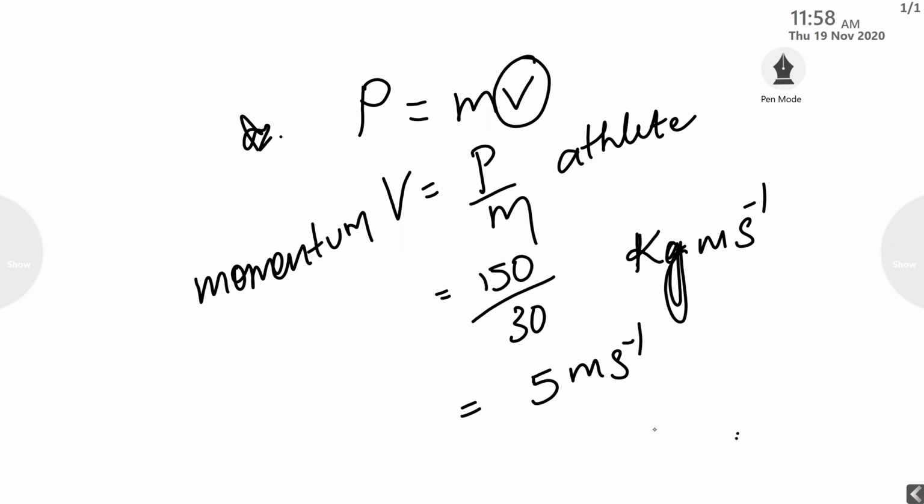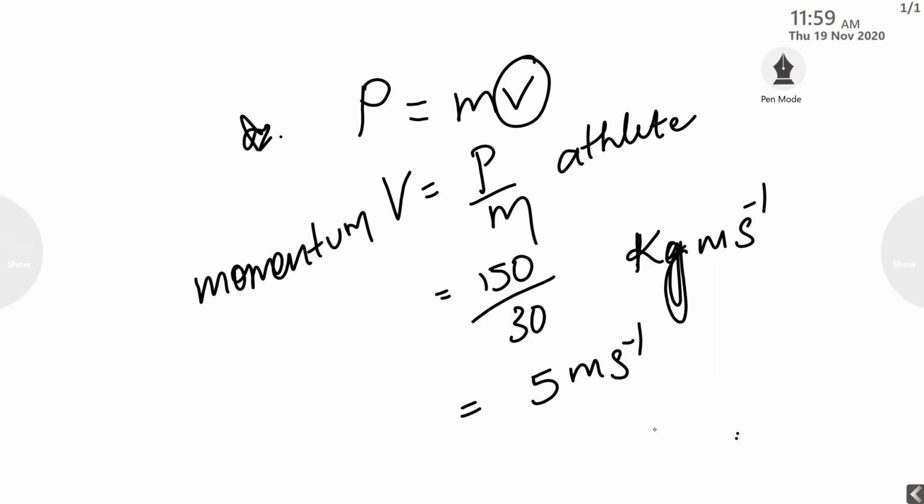First one is accelerating a 1 kg mass at 10 meters per second squared, or a 2 kg mass at 4 meters per second squared.